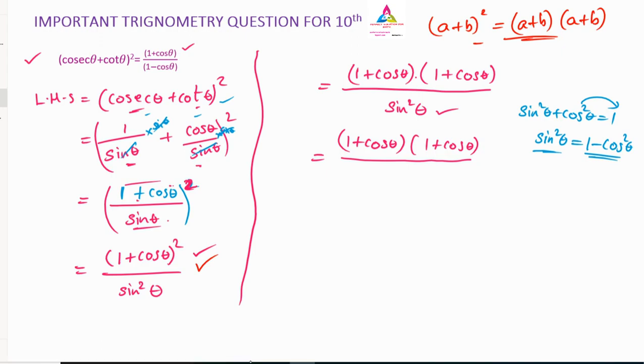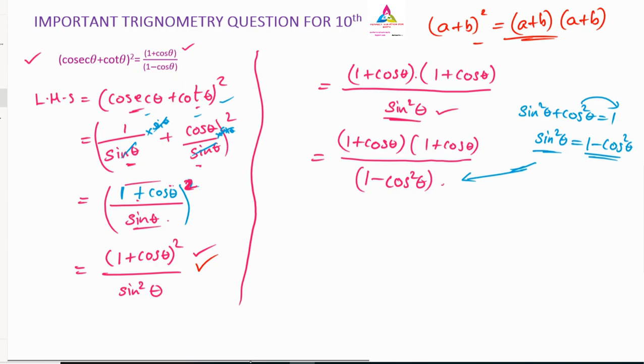So sine square theta can be written as 1 minus cos square theta. Remember, we found this using the identity.